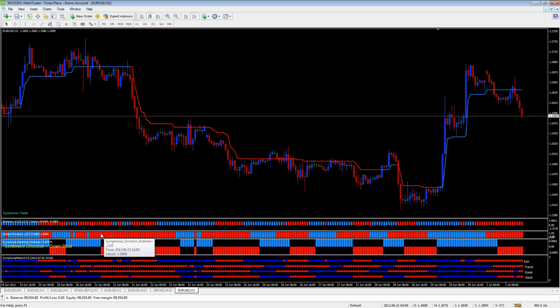And you can see that, again, sometimes when the extreme indicator changes from red to blue, or vice versa, the market emotion doesn't change, whereas where the extreme doesn't change, sometimes the emotion indicator does change.